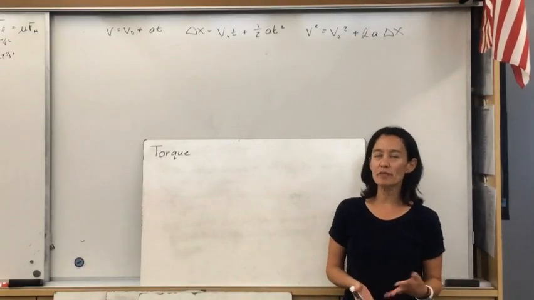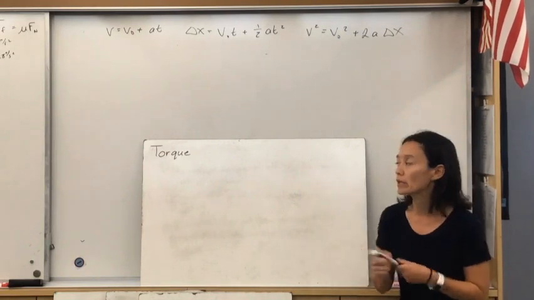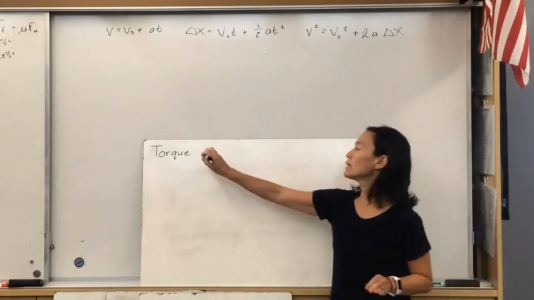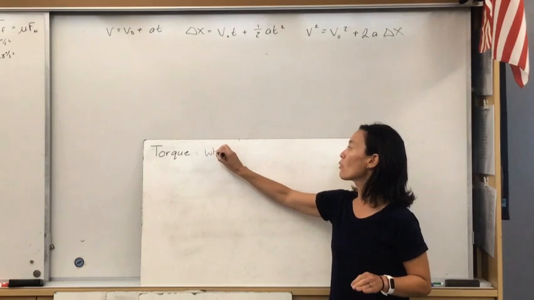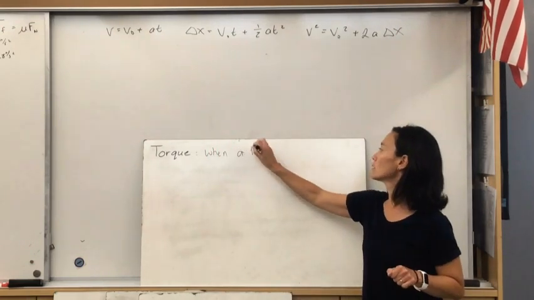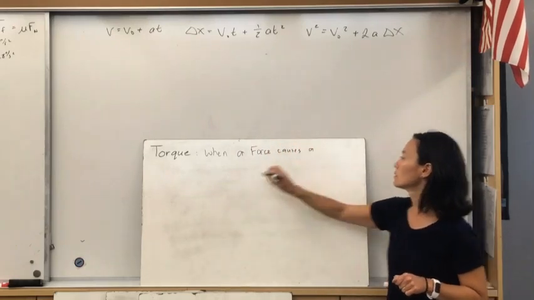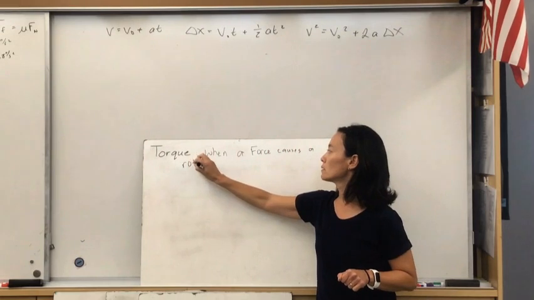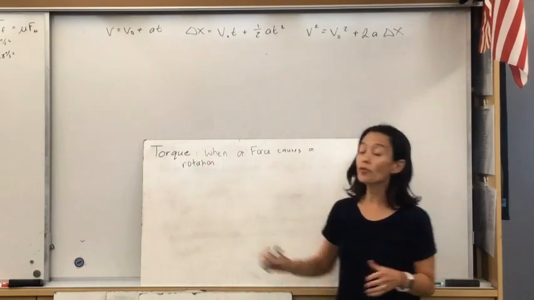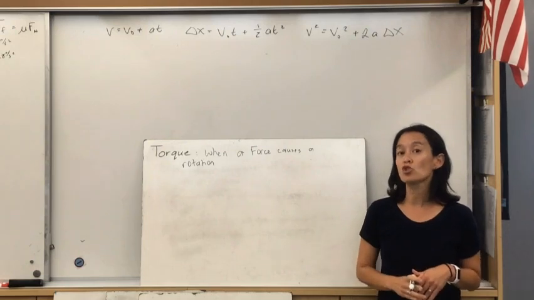Okay, so this lecture is meant to walk you through the idea of something called torque. So torque is when a force causes a rotation. So far, anytime we've exerted a force on an object, we've caused it to translate.